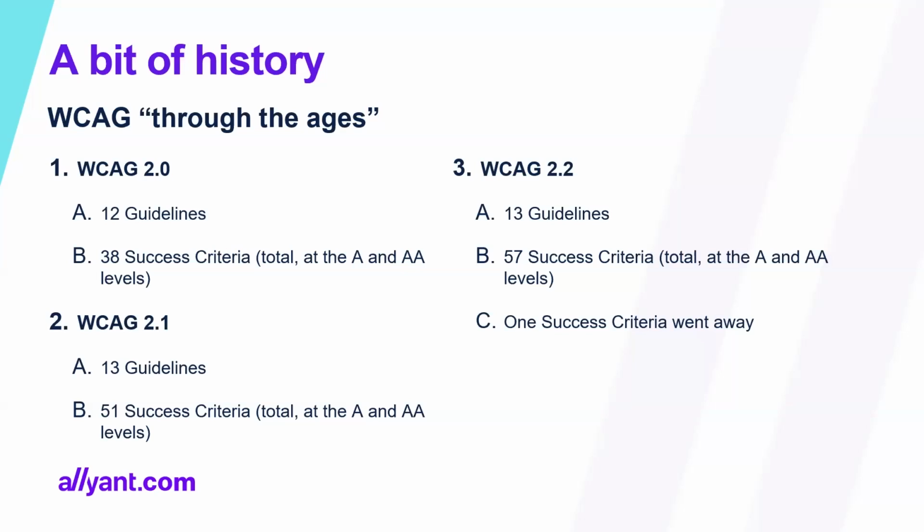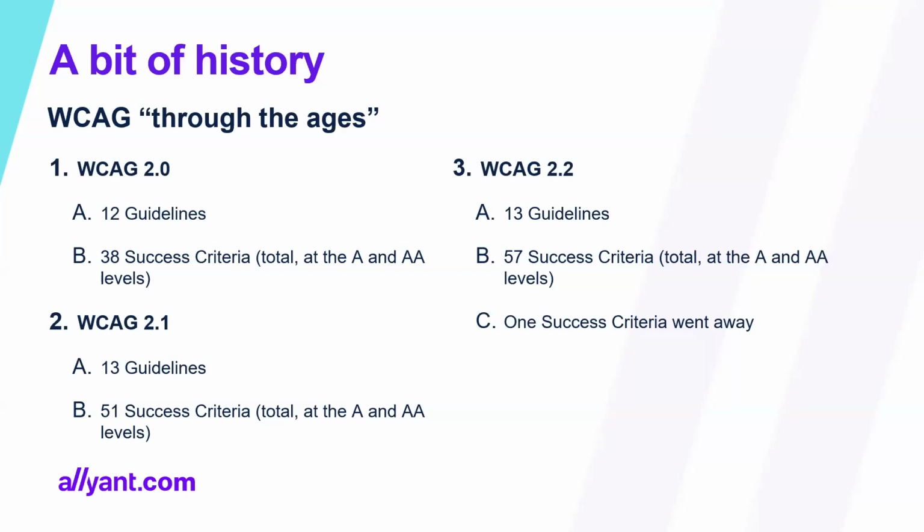One thing about the presentation today I want to make sure that we're clear on is I'm not really going to spend a whole lot of time on the triple A level success criteria and requirements, mainly because most entities, most organizations, clients, and so on need their documents and websites to be compliant at either the single A or most likely the double A level, right? So that's really where our focus is going to be for today's presentation.